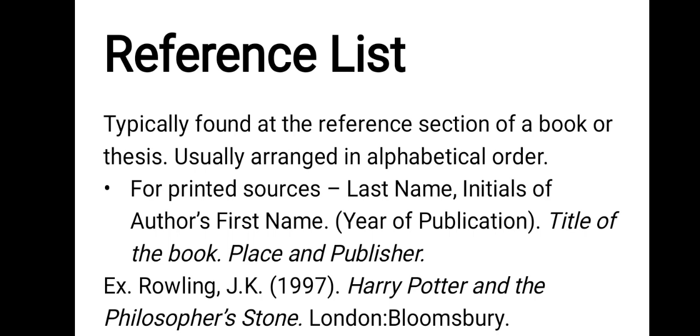For example, as you can see in the example, the surname comes first, Rowling, then comma, initials of the author's first name, which is J.K. Then period, (1997), period, Harry Potter and the Philosopher's Stone, that is the title of the book in italics, period, and the place and publisher, which is London: Bloomsbury.